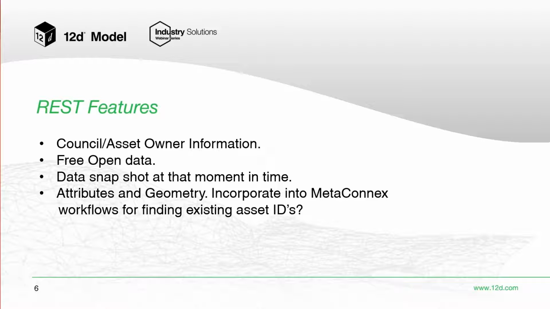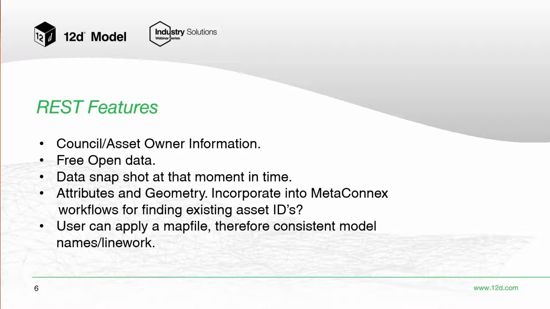One would be the lid level, but you want to link that to the underlying asset ID from the GIS information, and that's what we can do within the MetaConnects, and then do all the calculations for the attributes for the as-built, and then pass that back to the council if you're required. User then can apply a map file, which allows them to have consistent model names, line styles, and symbologies to the data set.